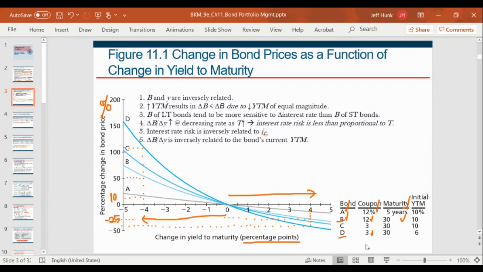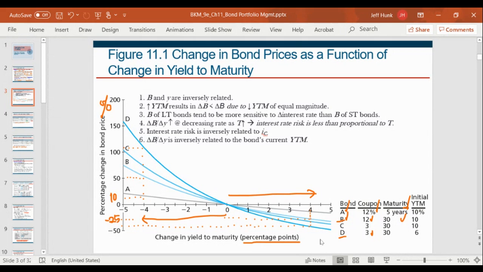Discounted more, right? And your bond's present value depends a lot on those coupons, right? And those coupons get discounted more deeply, right? Hence, it's ending up in a smaller present value.